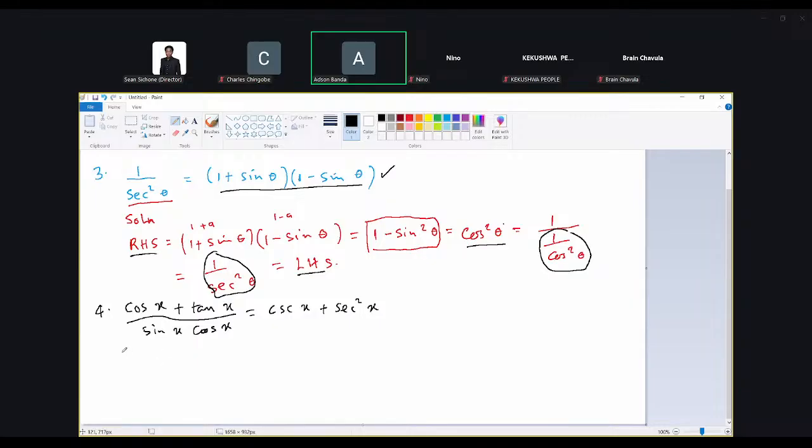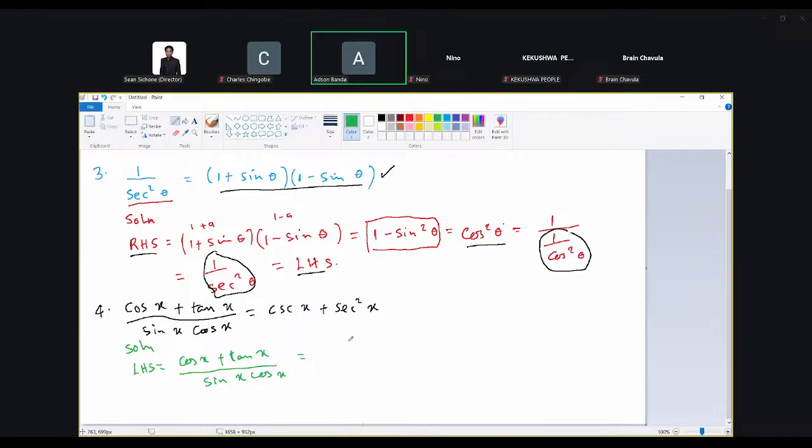Right, so here is how we are going to go about this one. So I'll start from the left-hand side. So the left-hand side is the cosine of x plus the tangent of x, divided by sine x times the cosine of x.